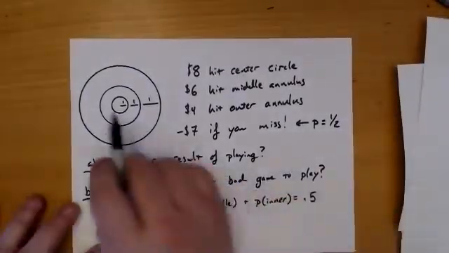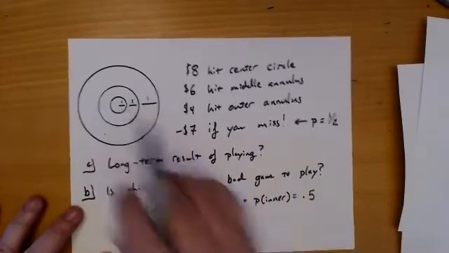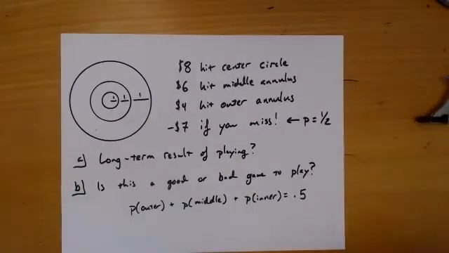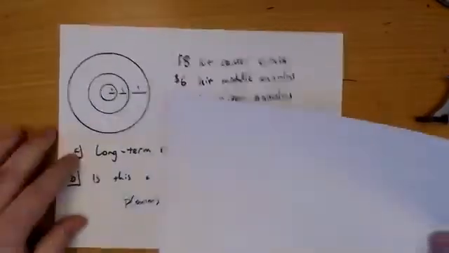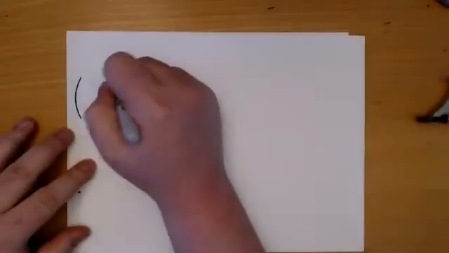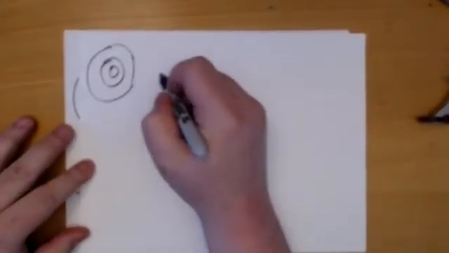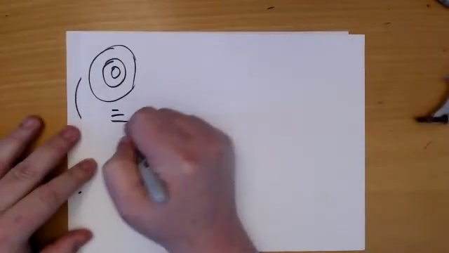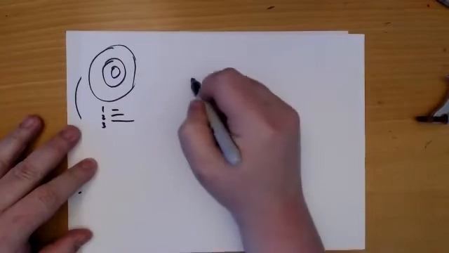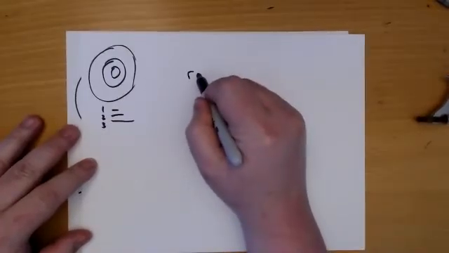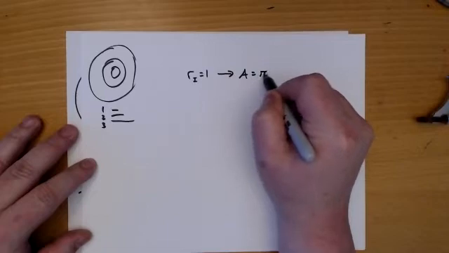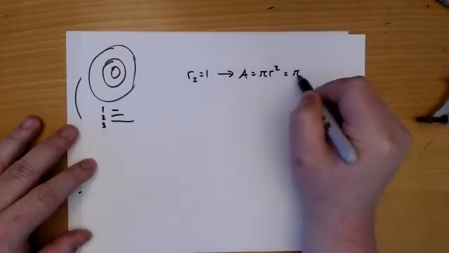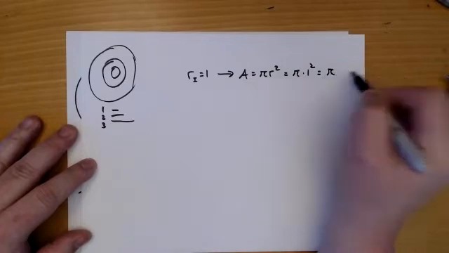Let me get some better paper here. The radius of the inner circle is 1, so the area is equal to pi r squared, which is pi times 1 squared, or just pi.